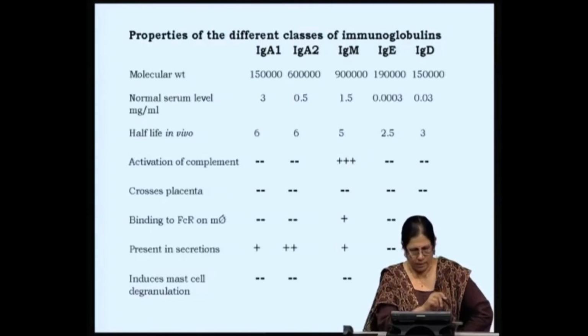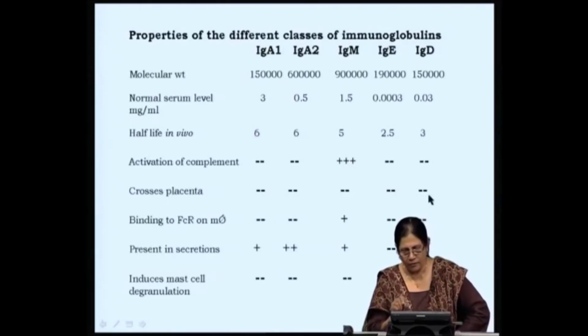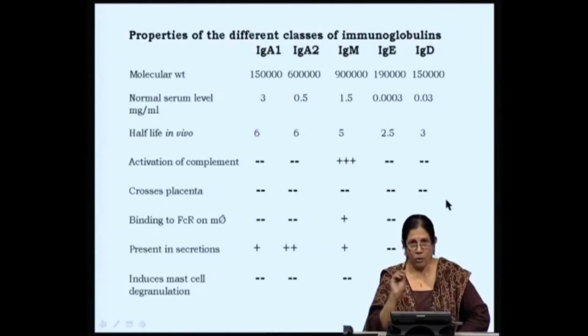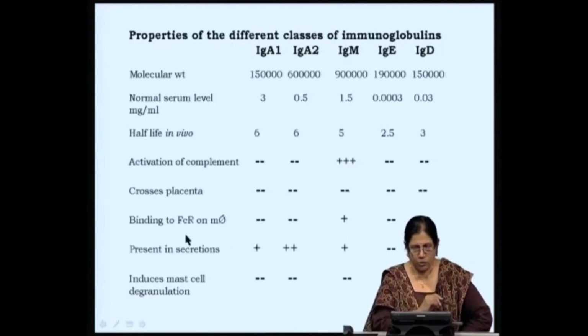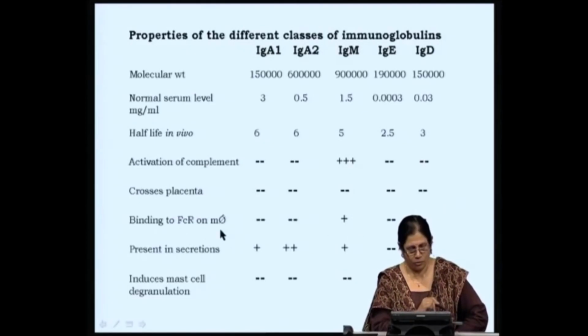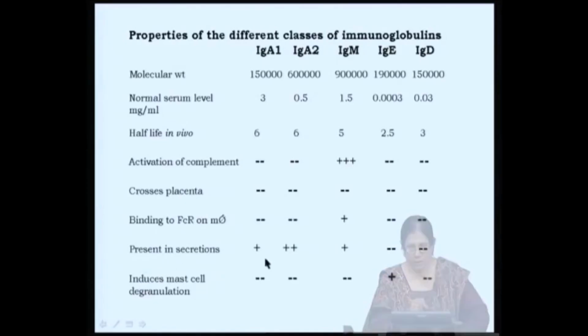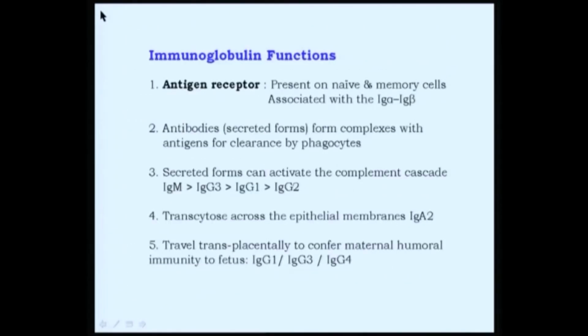IgG can, as I told you while referring to the earlier slide. None of them can cross the placenta, only IgG can. Only IgM can bind to the Fc receptors on macrophages or monocytes. IgA and M can be present in body fluids, definitely the dimer form of IgA2, and except IgE, none of them can induce mast cell degranulation.